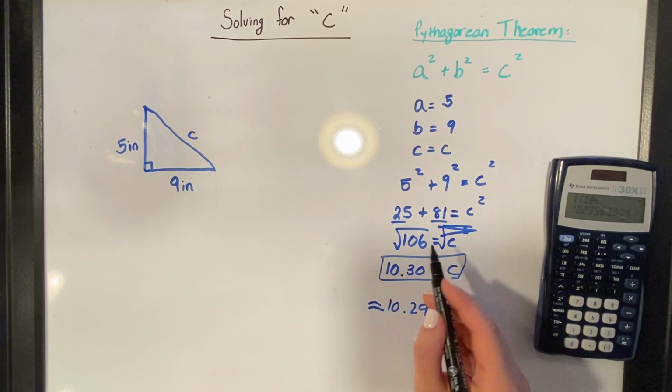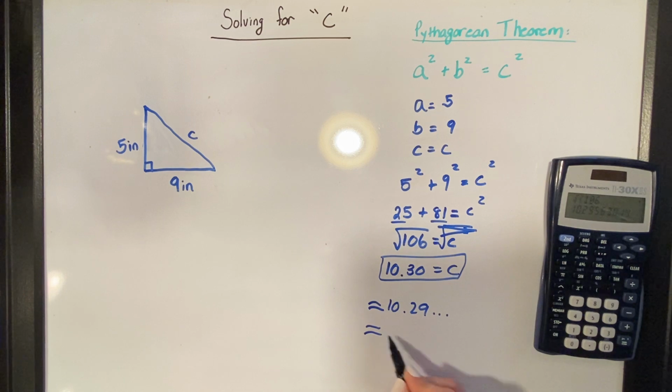Or you can just say that it's the square root of 106, whichever you prefer. This is the most precise way of writing the answer. You can round for me, or if you don't know how to do the rounding when you have to keep changing the place values, you can just do dot dot dot. That's fine too, just as long as I understand that you are getting the gist of how to solve the Pythagorean theorem.